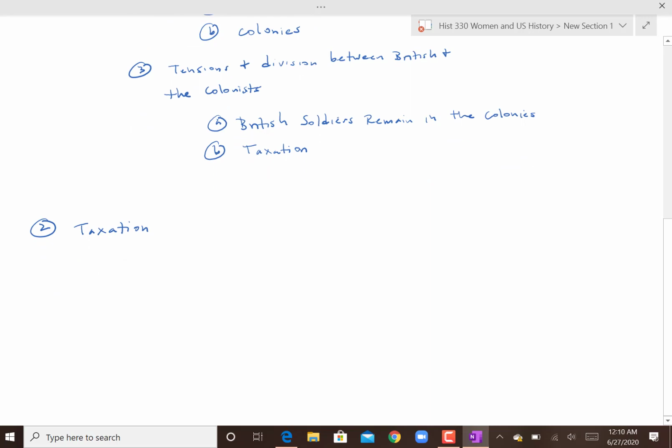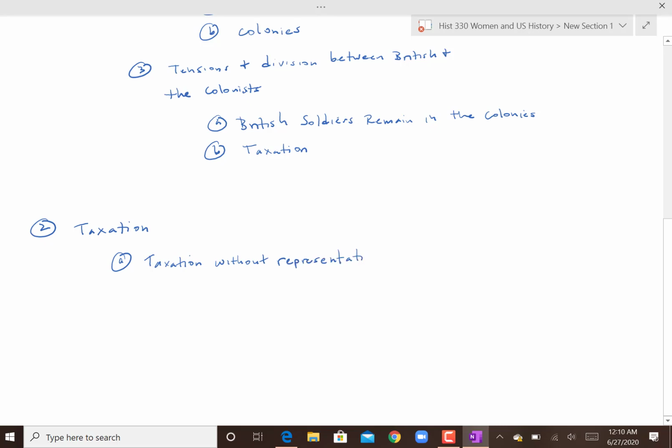So taxation. There's a couple different structures. And of course, the rallying cry is taxation without representation.